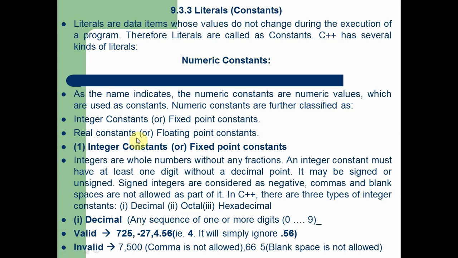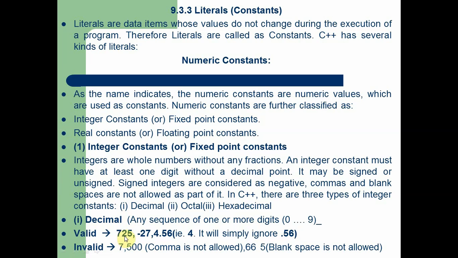So these integer constants are further classified into three categories. Of course, we already discussed these numbers, that is decimal number, octal number, hexadecimal number in chapter number 2. So decimal numbers begin from 0 to 9. All the numbers are allowed here. So valid and invalid numbers are here. You can see some of the valid decimal numbers.